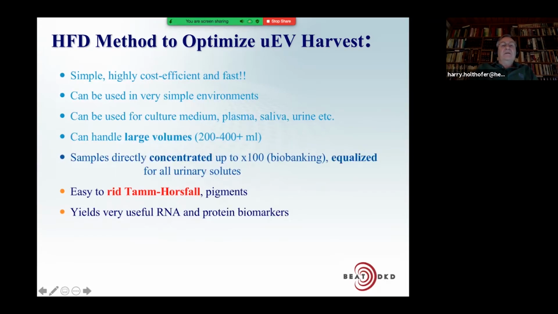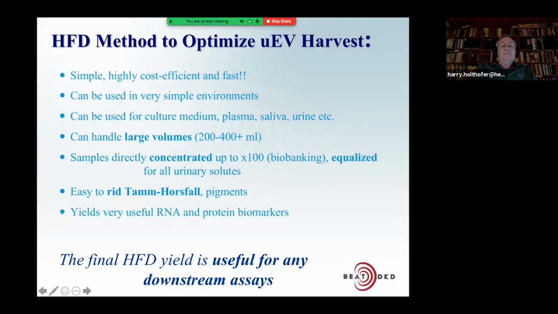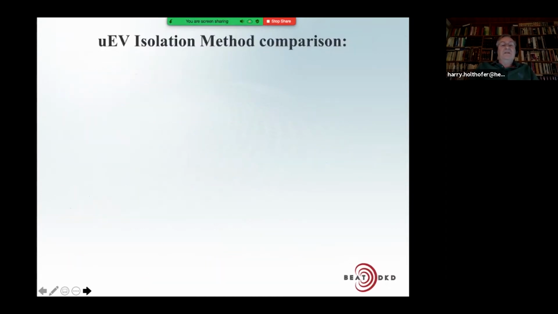Yes, it can produce very useful RNA and protein biomarkers, as I will show you in a minute. And up to now we haven't found a downstream assay which wouldn't be fit for this analysis.